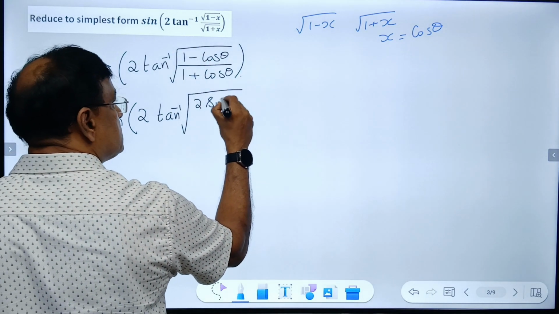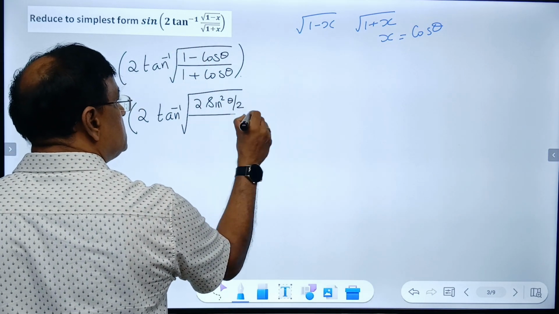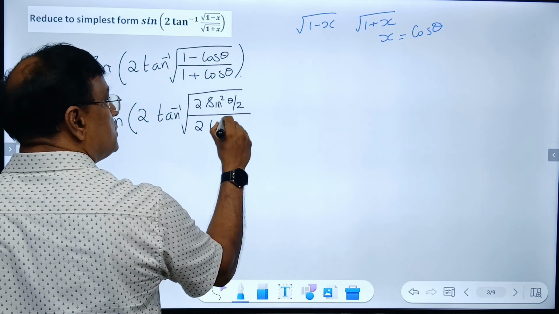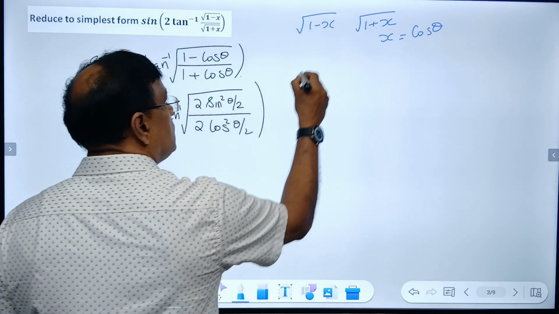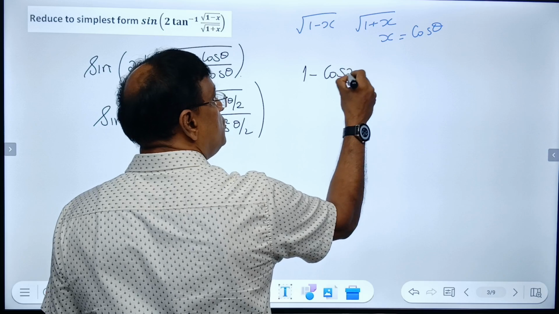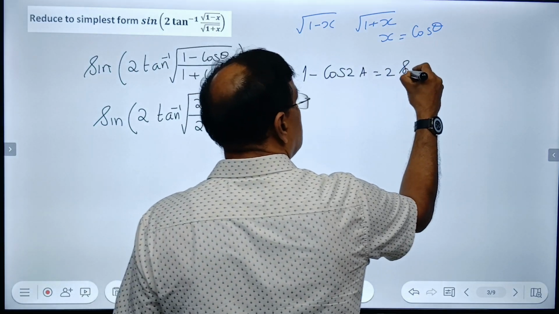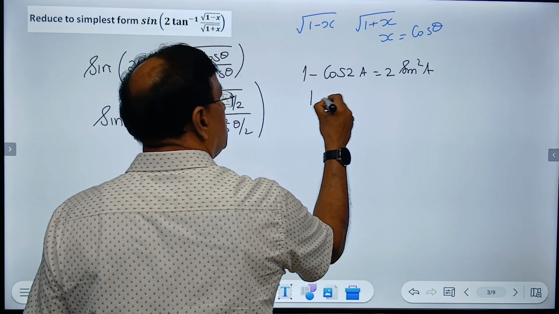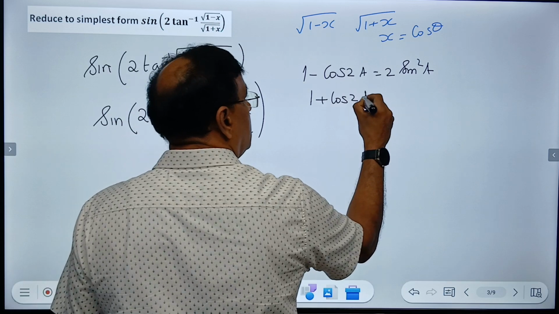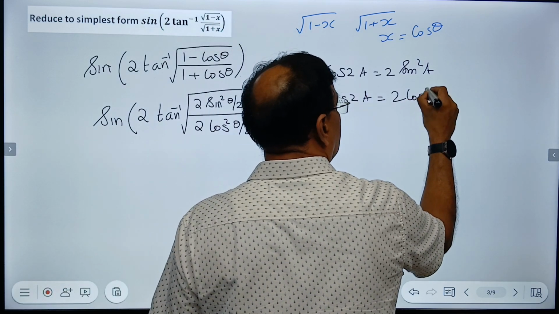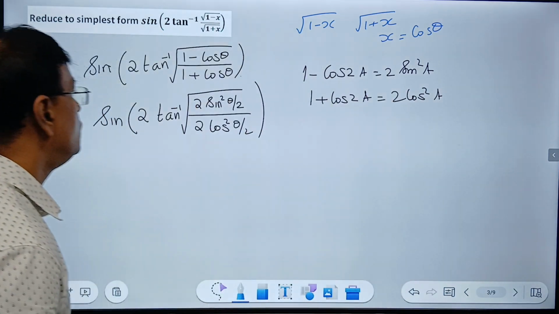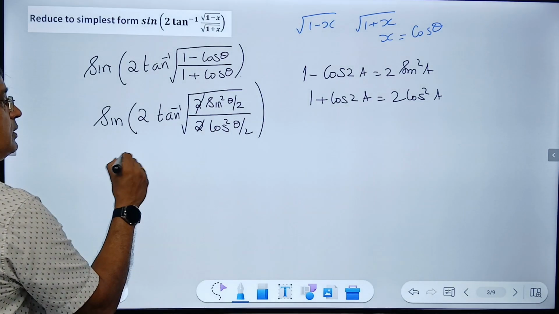It is 2 sine square theta by 2. 1 plus cos theta was 2 cos square theta by 2. I am using this formula. 1 minus cos 2a is 2 sine square a. And what is 1 plus cos 2a? It is 2 cos square a.